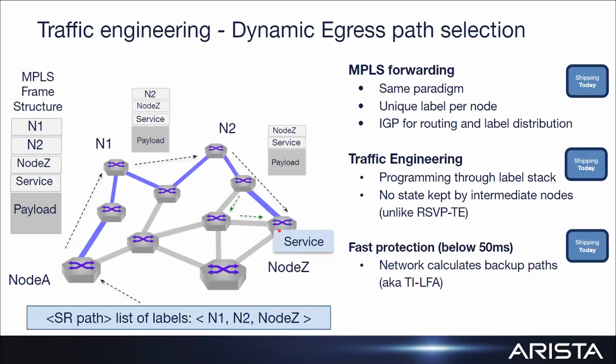As a kind of byproduct of easy traffic engineering, segment routing also provides fast sub-50 millisecond protection with TI-LFA. All those functions are currently available in our R, R2, and R3 family.